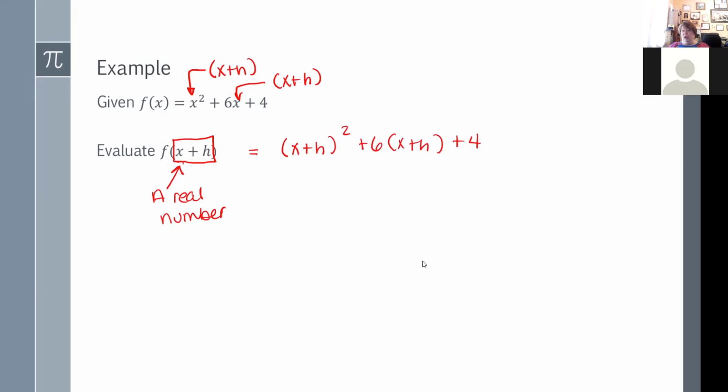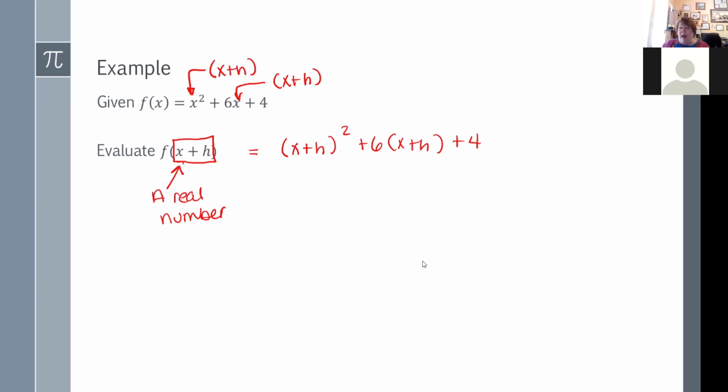Now, you think that's not rocket science, that you can replace the x with the x plus h. What does the x plus h represent? Well, it represents a teeny bit more than x. So if x were 2, a teeny bit more than 2 would be x plus h. Just a little bit more than x is what that represents.